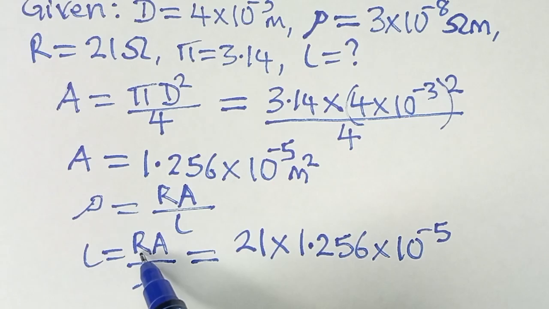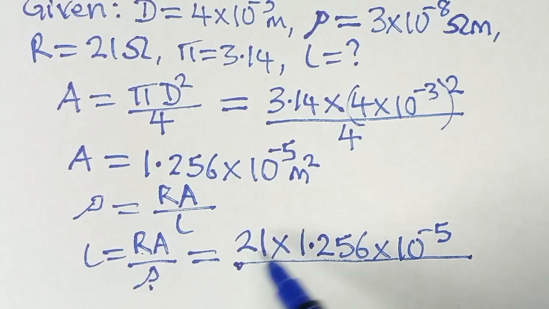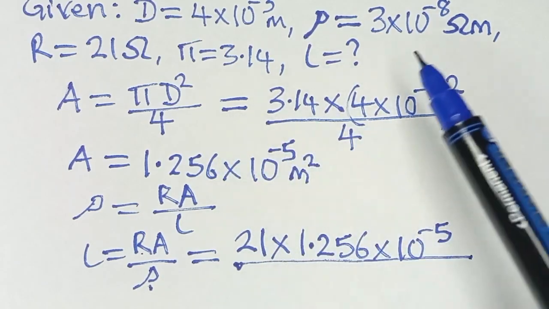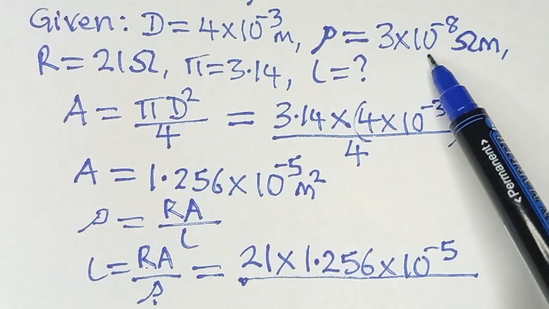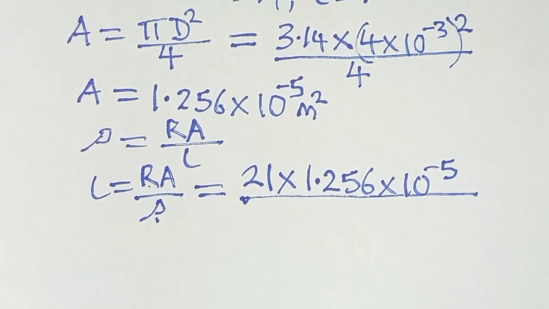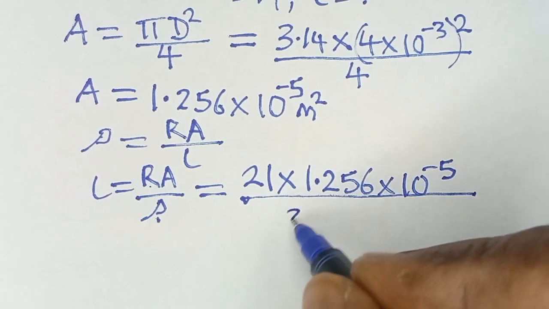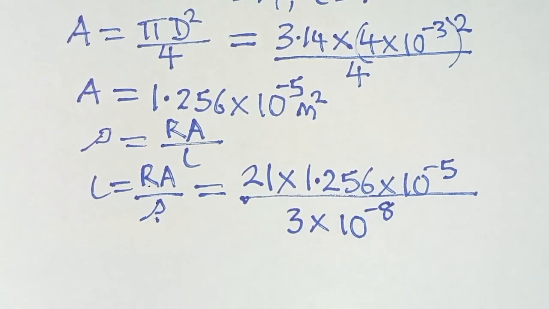So resistance multiplied by the area divided by resistivity, that is what will give us the length. Resistivity, according to the question, is 3 times 10 raised to the power minus 8. So we can come in now and write it as 3 times 10 raised to the power minus 8 as the resistivity.